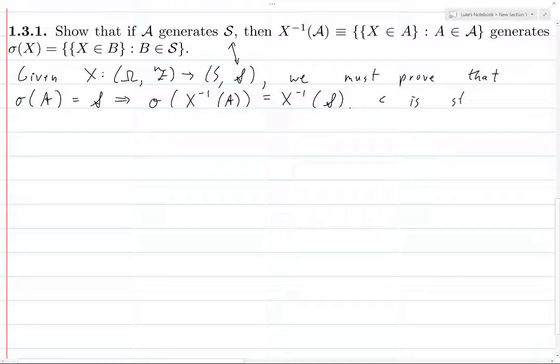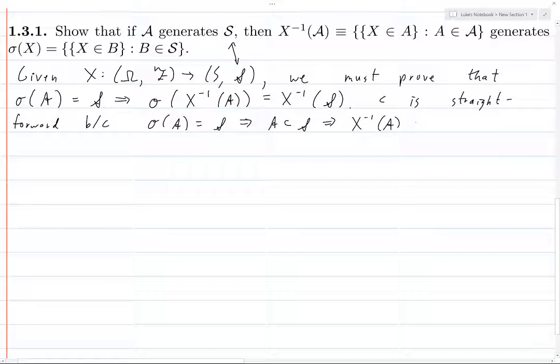Yeah, this is straightforward, because if sigma of A generates S, or sigma A equals S, certainly A has to be contained in S, and then this inclusion is preserved under pullbacks, because anything of the form X inverse A, where A is an element of fancy A, is also an element of fancy S, and so it will belong to X inverse fancy S, and therefore X inverse fancy A is contained in X inverse fancy S.